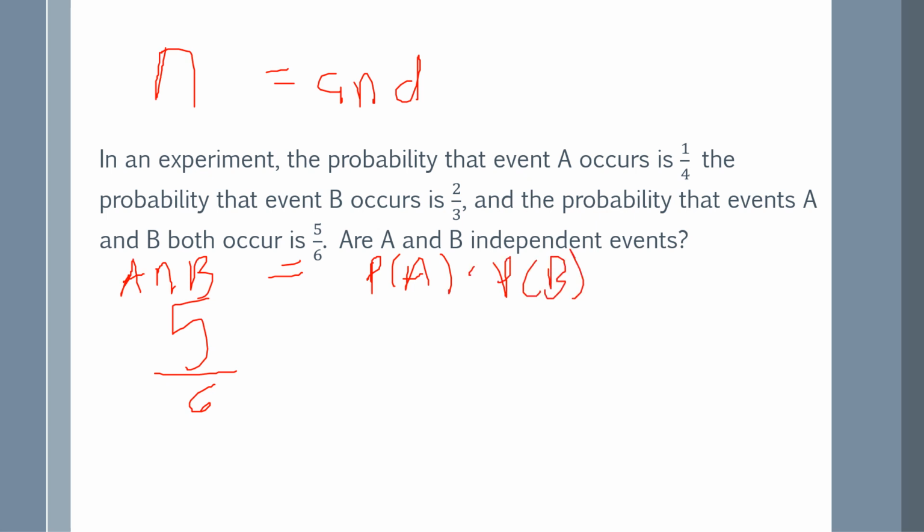That's what you're trying to figure out. So that's 5/6. Probability of A is 1/4. Probability of B is 2/3. We multiply those across. Do they equal 5/6? Just looking at it, I don't see it equals 5/6. So it just can't be.